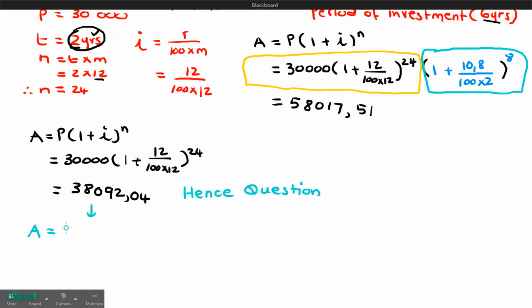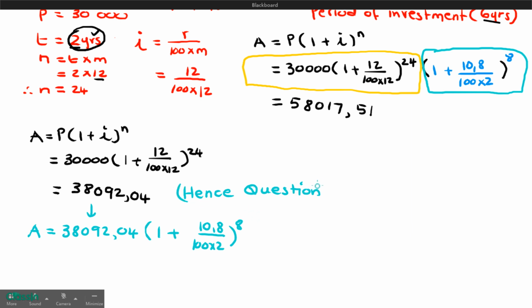Then it means that our P now is 38,092.04. You open the bracket, it's 1 plus 10.8 over 100 multiplied by 2, close bracket, to the power of 8.